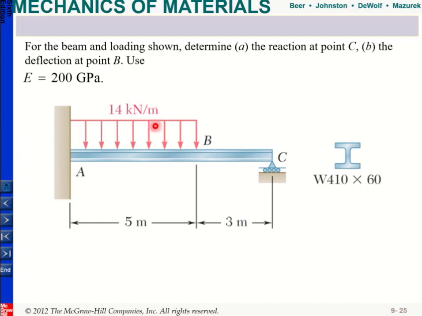Either you can separate into two, write a moment from A to B, and from there get your deflection equation. And you can also do the same thing from B to C, and then use the boundary conditions and also the continuity equation at point B. But there will be a lot of unknowns, and it's going to be too complicated.